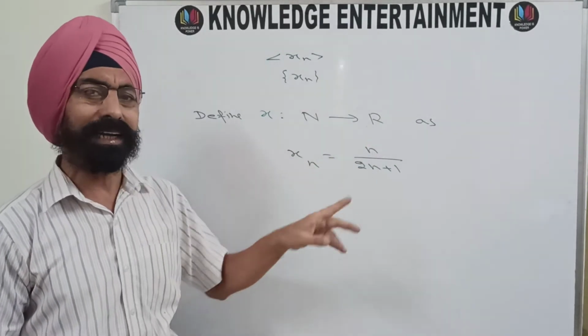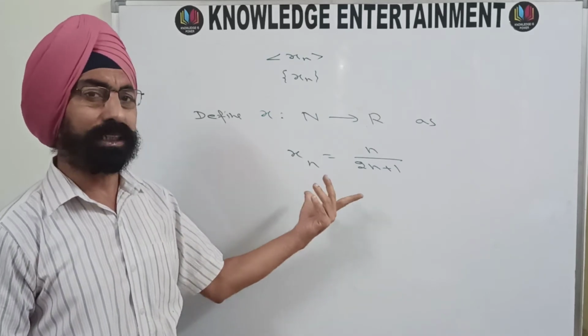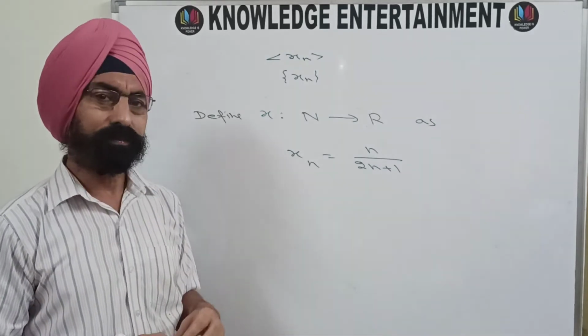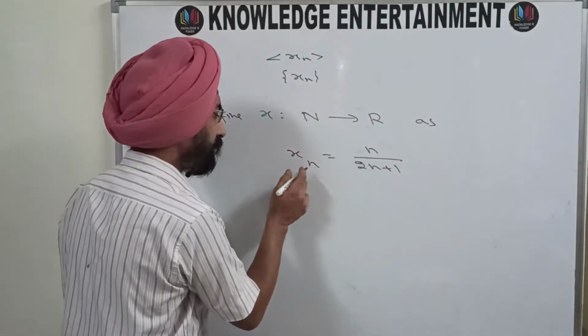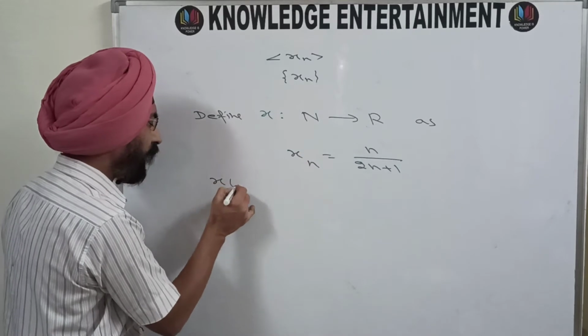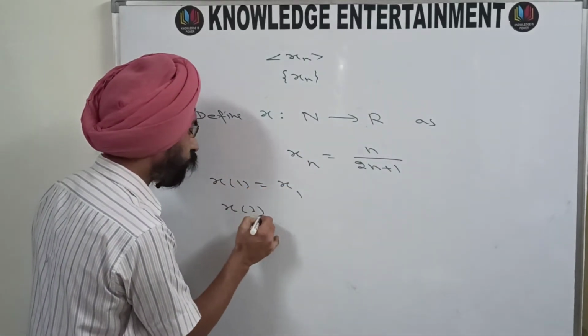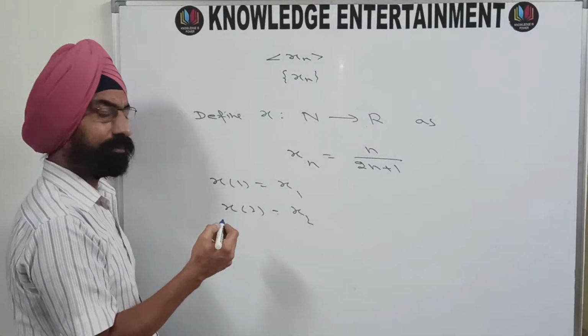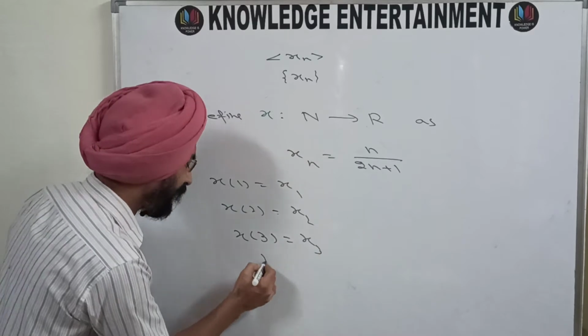Now it is looking like a real sequence because you are habitual of using this type of notation. So this is a sequence. Now x of 1 means the first term x1, x of 2 means x2, the second term, x of 3 means the third term x3, and so on.